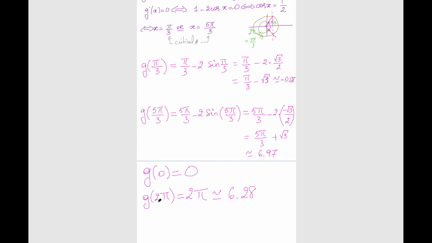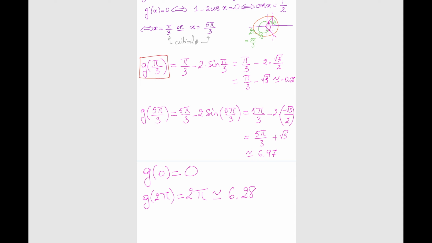Hence, the function at 2 pi is not going to have a local maximum, and therefore these local minimum and maximum are at this point global minimum and global maximum, right? So these are the global ones at this point.